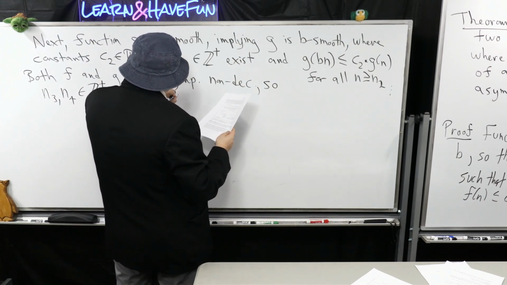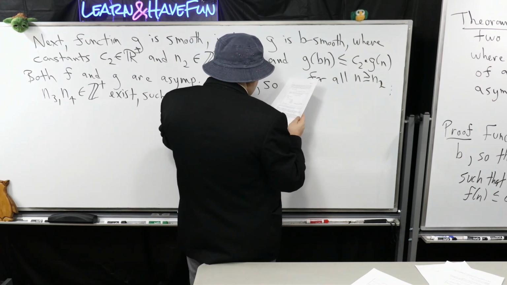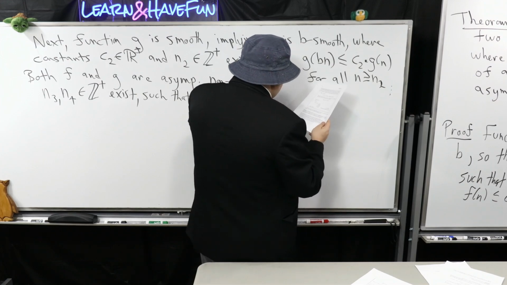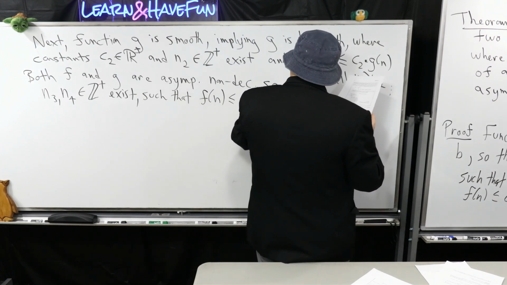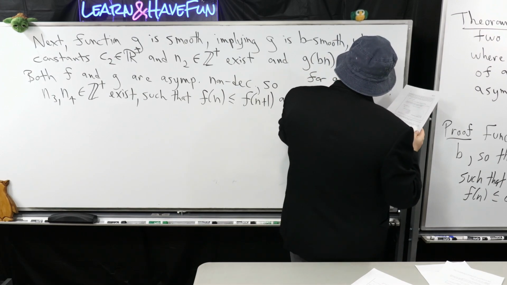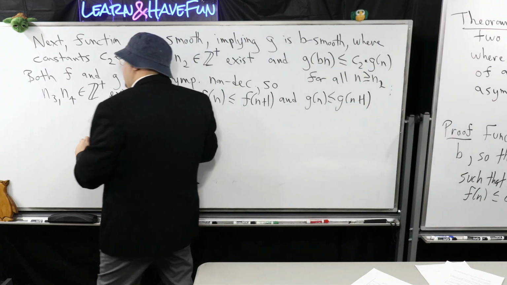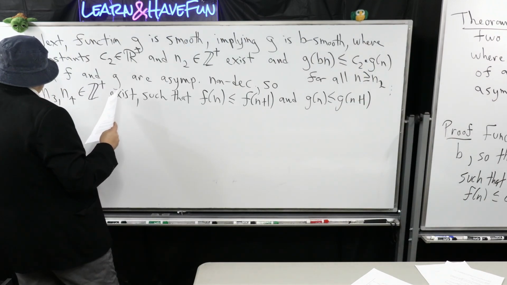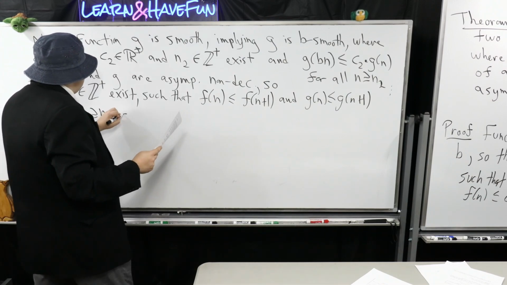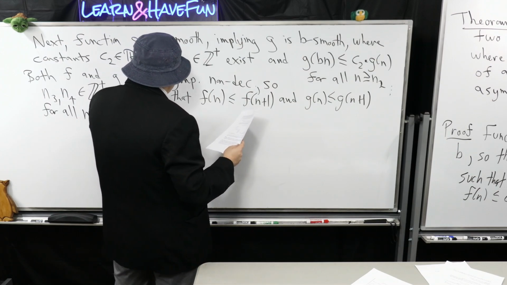such that f of n is less than or equal to f of n plus 1, and g of n is less than or equal to g of n plus 1, for all n greater or equal to n3, and n greater or equal to n4, respectively.